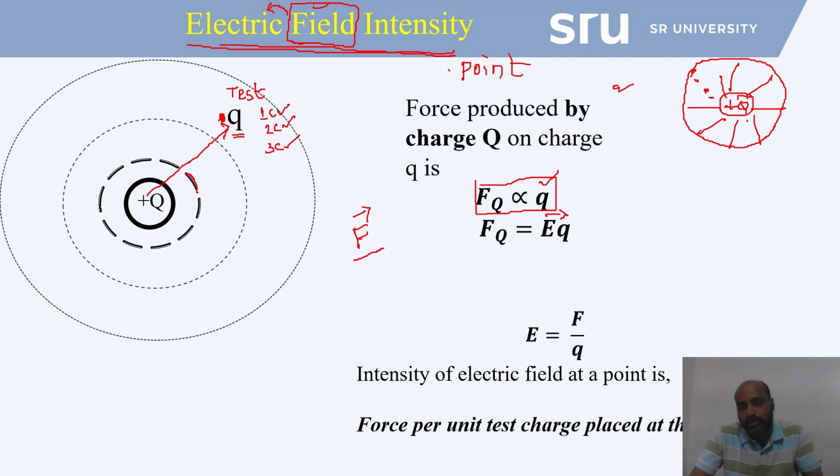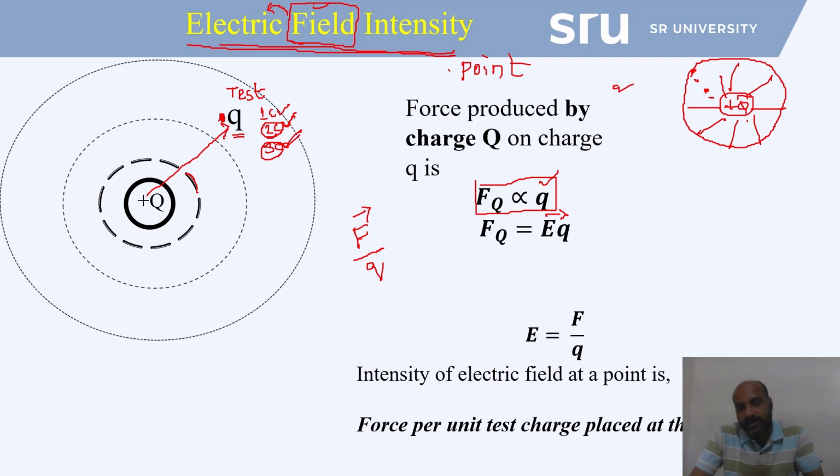So the better way to measure is always to measure per unit charge. If you place 1 Coulomb and then 2 Coulomb, the electric field intensity would definitely be more for 2 Coulomb, and more again for 3 Coulomb. Then which one is right? That would give a contradiction.